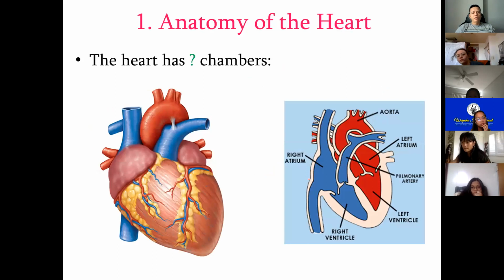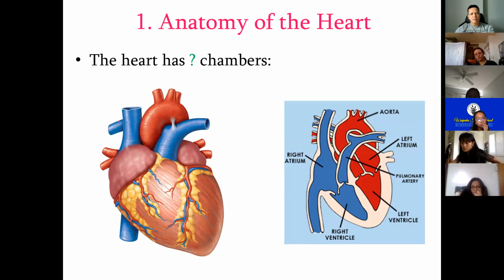So here we are looking at a nice cartoonish representation of our heart, and we can see some of those coronary blood vessels here on the surface of the heart, and we're going to go over them. We can also see several of the great vessels of the heart that take blood in and out of the heart, okay?